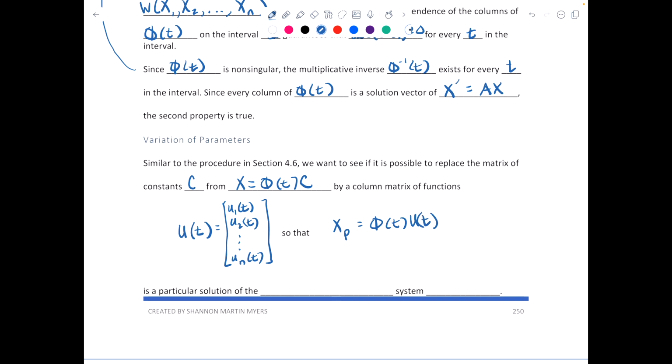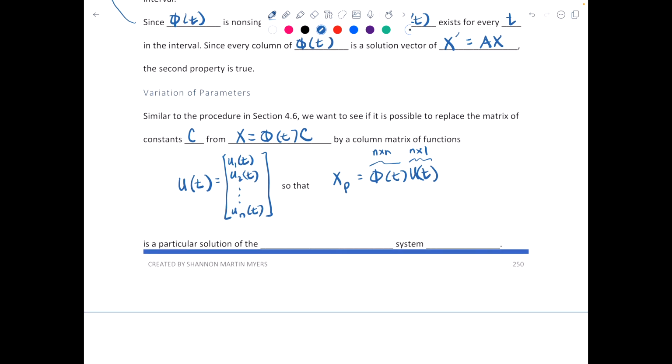Now note that phi at t is n by n, u at t is n by 1, and so this multiplication is defined and results in an n by 1 matrix.